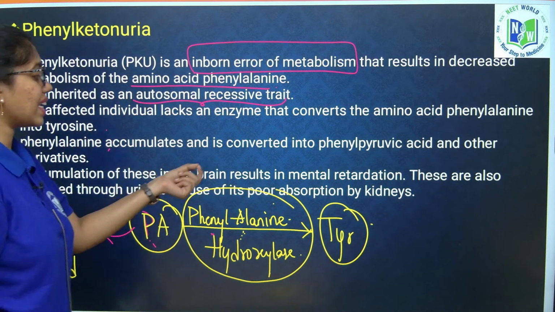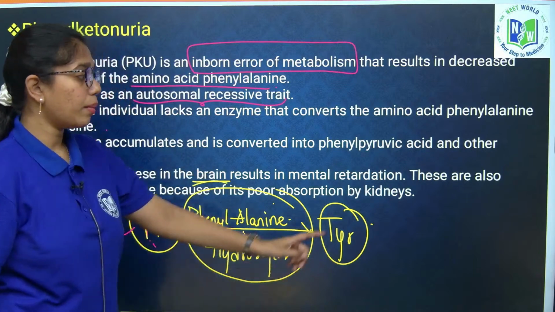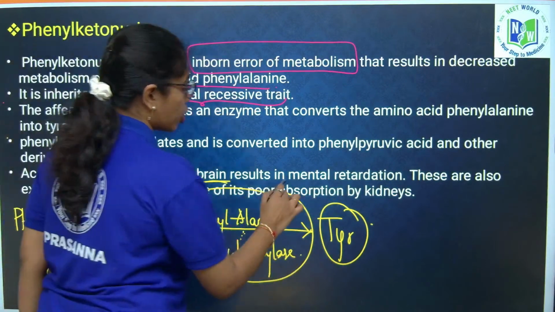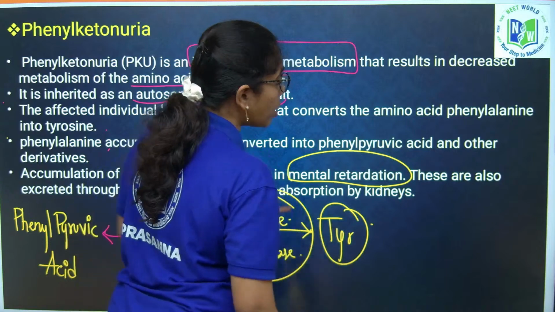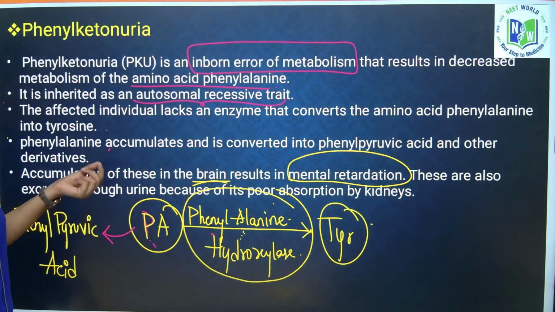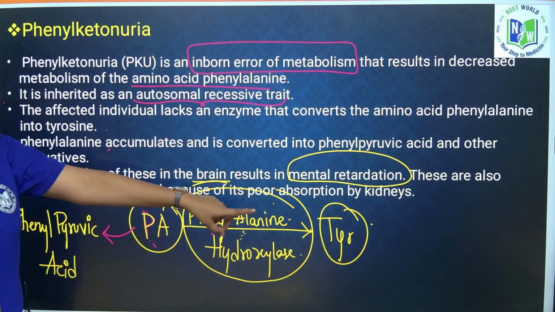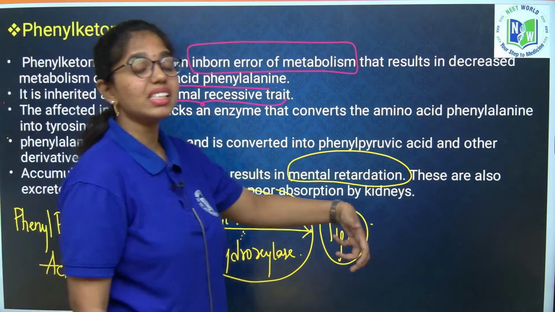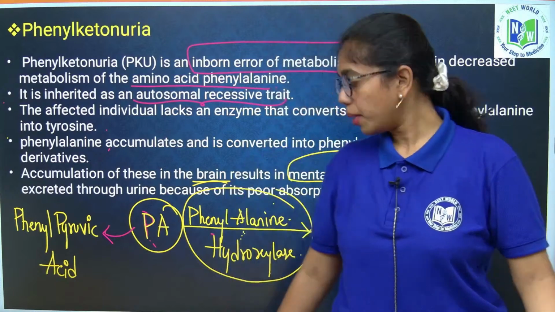Accumulation of this in the brain results in mental retardation. This also causes decreased absorption by kidneys, and poor absorption by kidneys results in frequent micturition in those affected individuals.